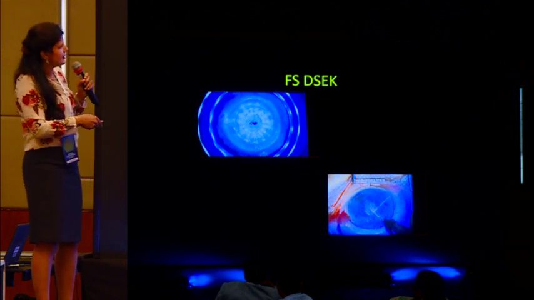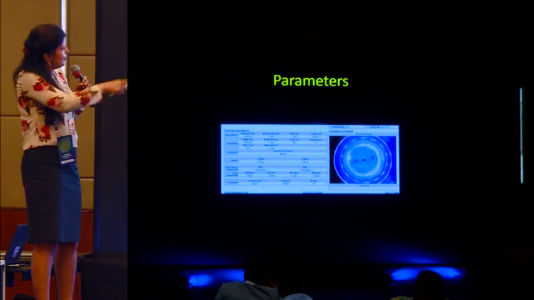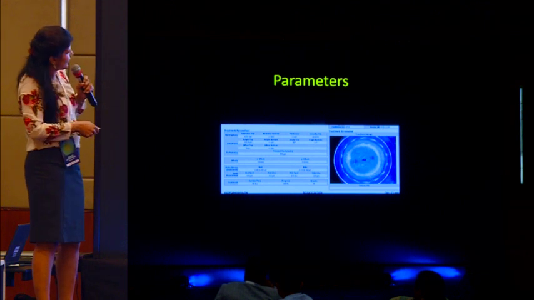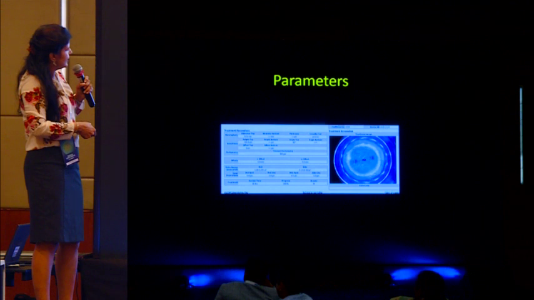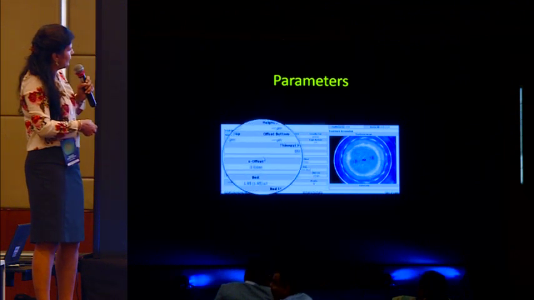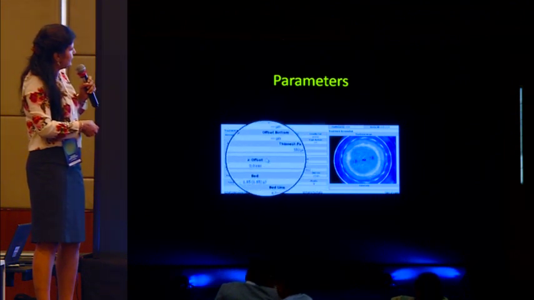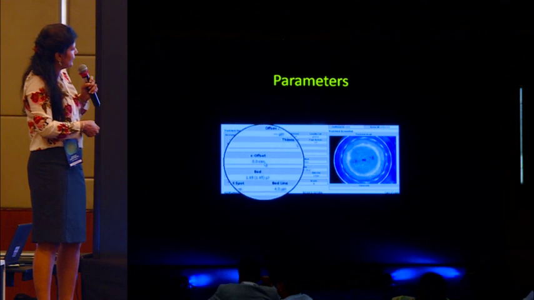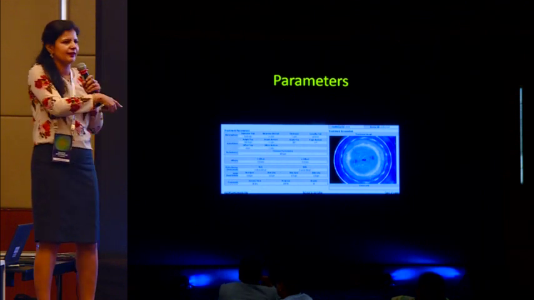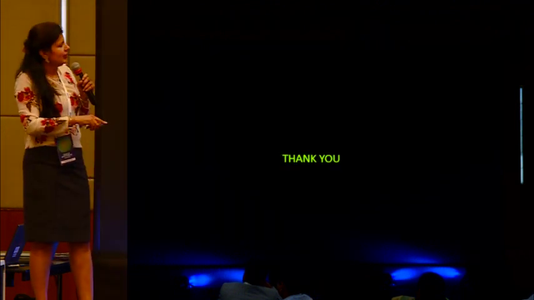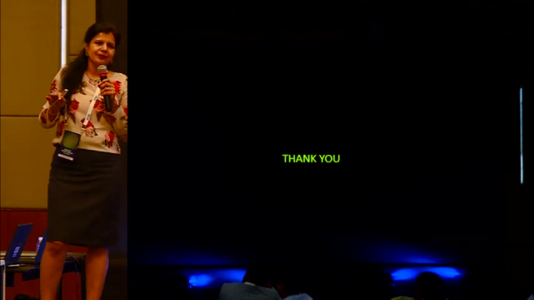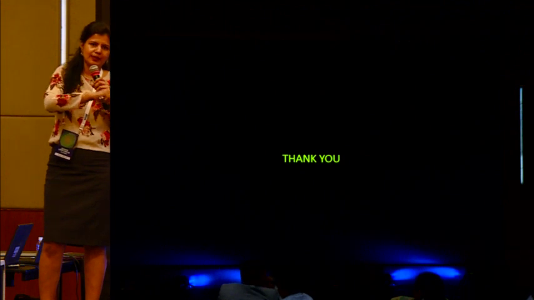So these are some of the uses, and this is the parameter. Again, you can see that the energy is changing from what we had used earlier. We have come all the way from 0.8 microjoules to 1.85 in these cases. So depending on the kind of treatment that you're doing, you can play with this instrument a lot.